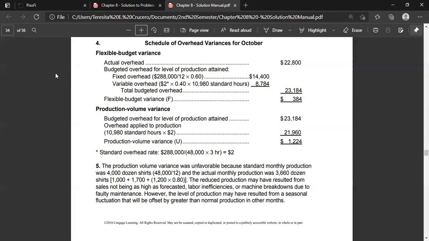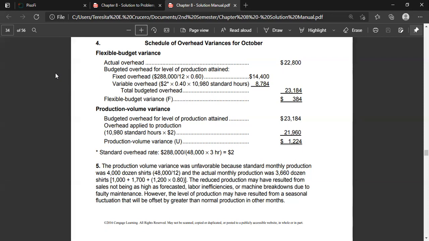The last here in number 5, give some reasons as to why the production volume variance may be unfavorable and why it is important to correct the situation.